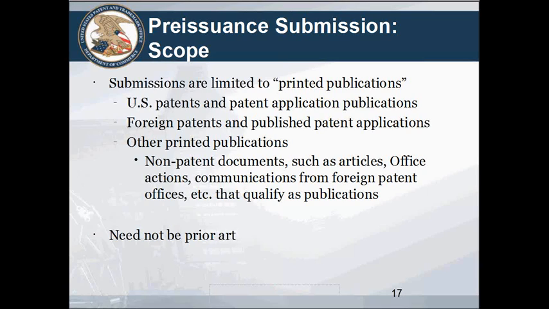We have the form that we have out there. If something that you're giving us is not clear on its face that it's a publication, we want proof. We want you to attach an affidavit or other proof to us that it is a publication, because if it's not a publication, we're not going to put it in the record. And there is a part on the form that says attachment proof of publication on there.